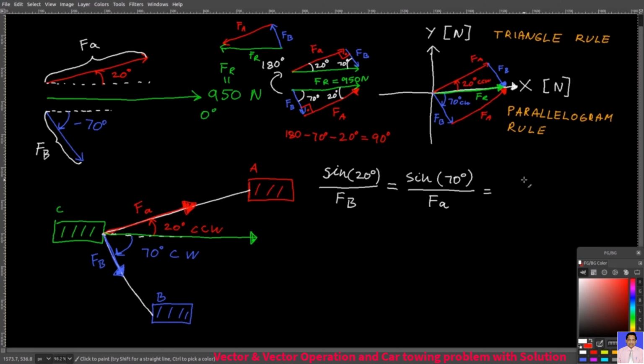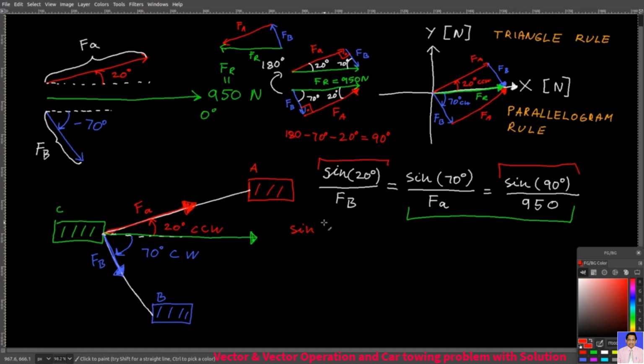And all that equals sine 90 degrees, and then you have 950 newtons here. So I will have 950 in the denominator. And now you can have two equations from here, and you also have two unknowns, FB and FA. You can have this equation and you can have this equation.